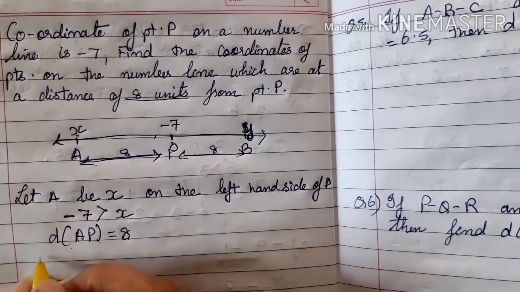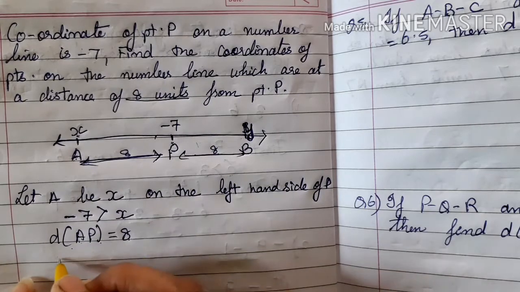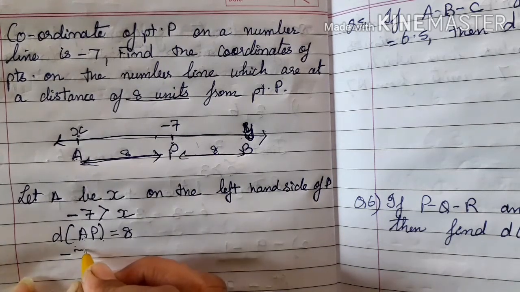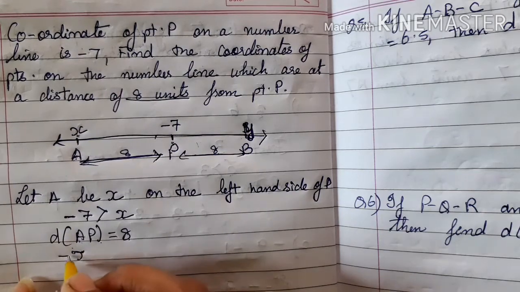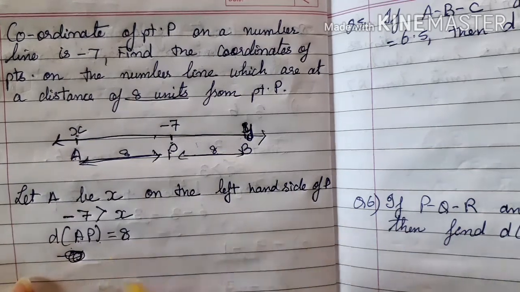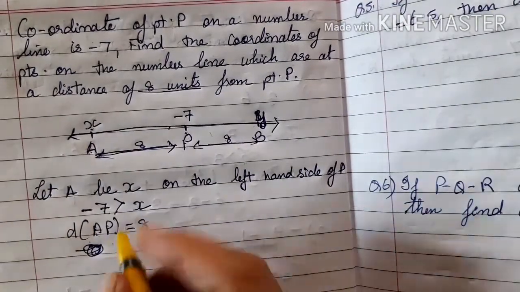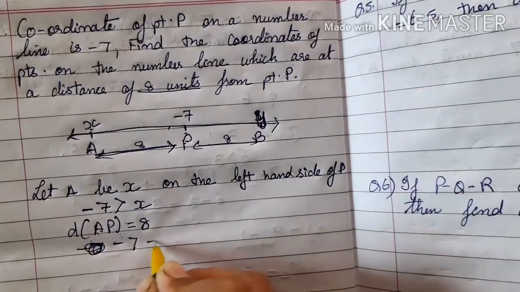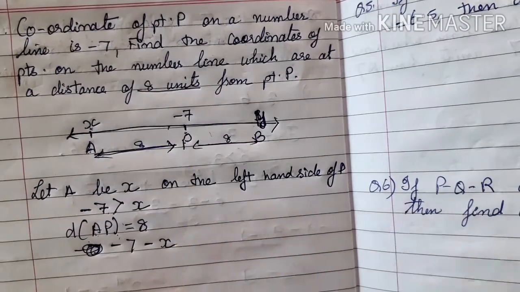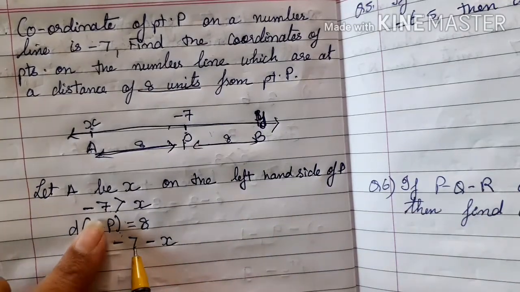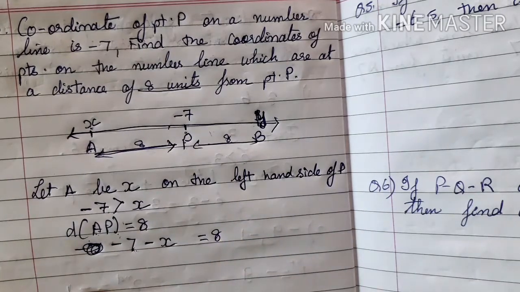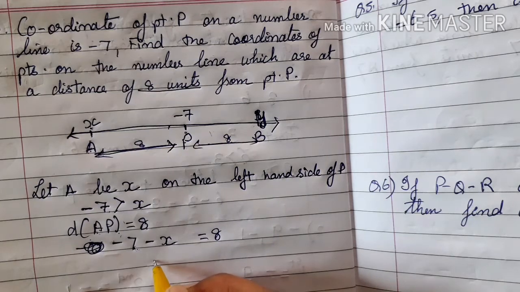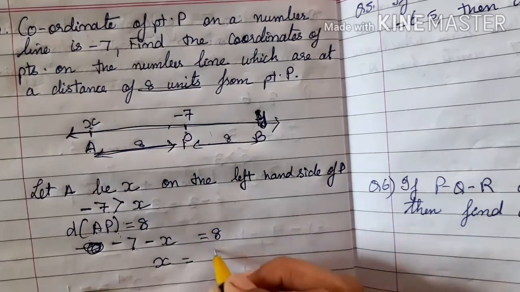Now, what are the coordinates of A? The coordinate of A is x. Here also what we have to do is write the greater coordinate first. That is minus 7 minus x. Got it? Because minus 7 is greater, we are writing it in the first place and then we have to write x.